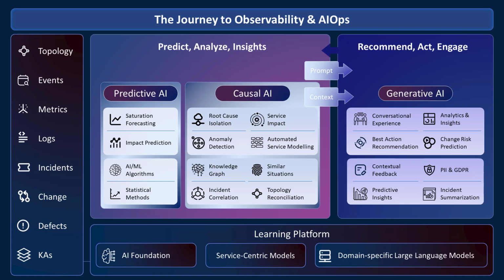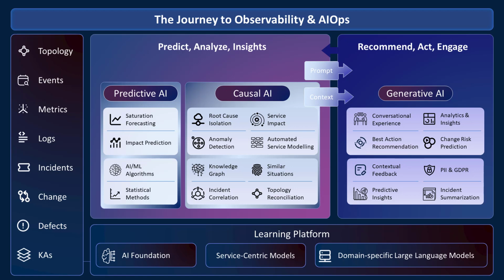Automated service modeling is something that we're going to be talking about in the future, which is a very basic step on your way to AIOps, which is how do I model my services effectively, accurately, and quickly without having to spend a lot of resources. So we're going to talk a lot about that.